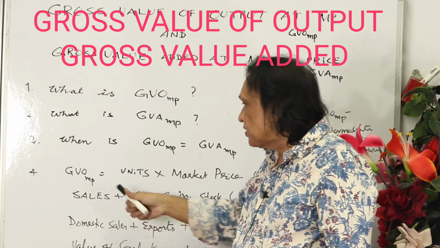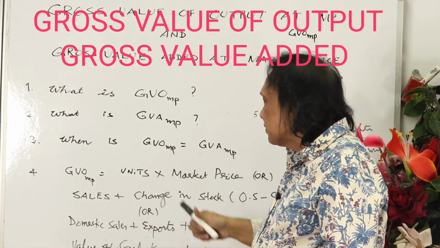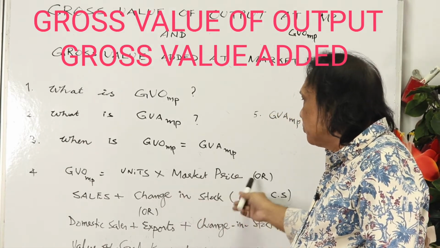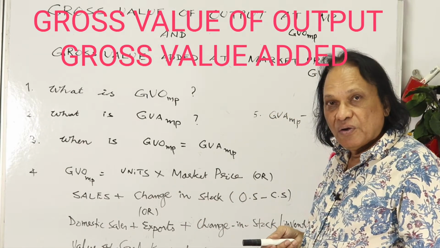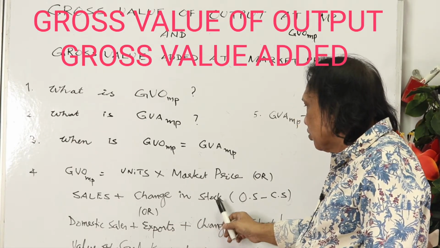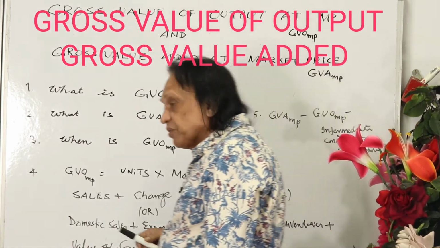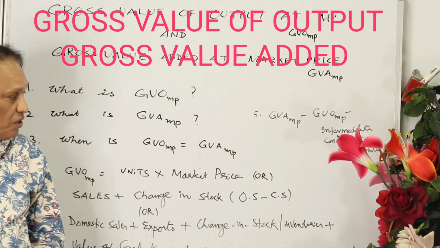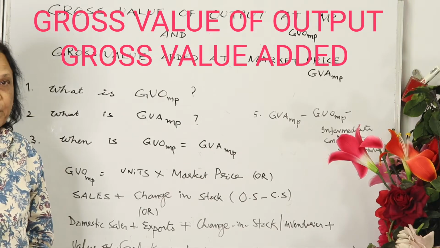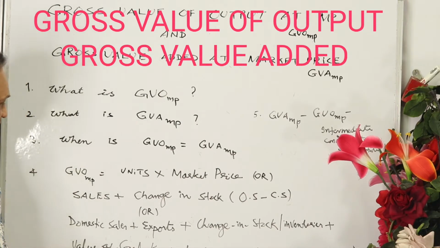The formula is gross value of output at market price is equal to units into market price, or sales plus change in stock. You are already familiar, change in stock is equal to closing stock minus opening stock.